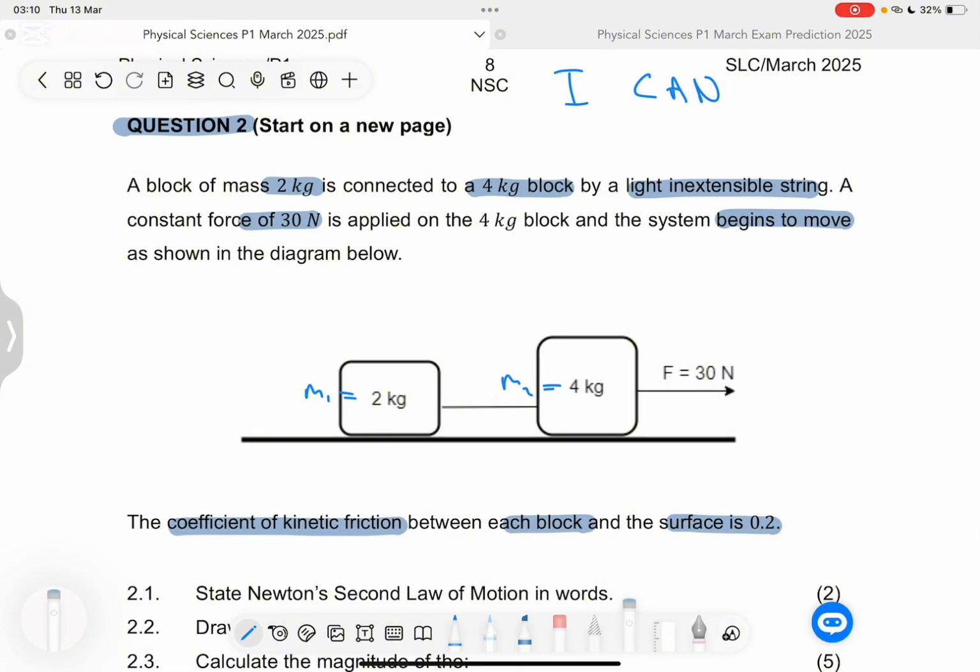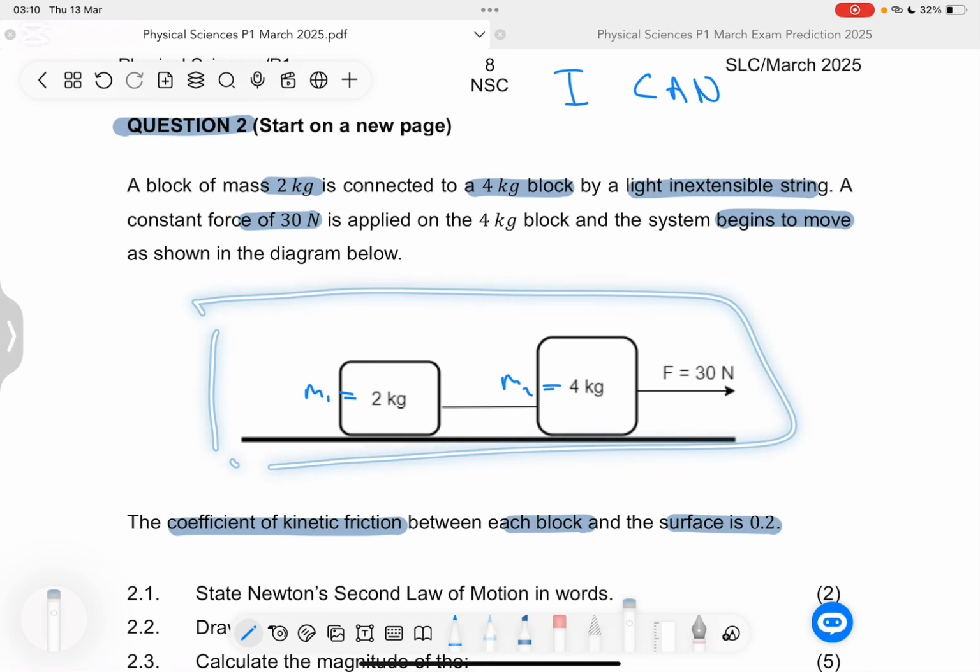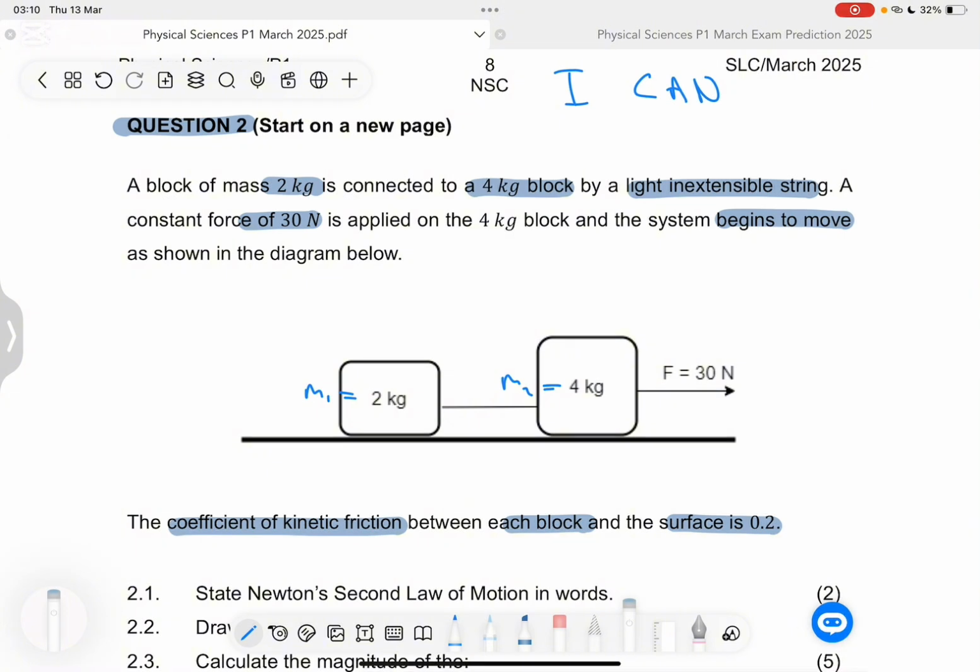Those are the type of equations that I'm going to use, because this falls nicely into where we study systems, objects that are connected with each other and that are accelerating. It also requires the knowledge of vectors and forces, calculating the net force and all that. So that's how I'm going to classify this problem.